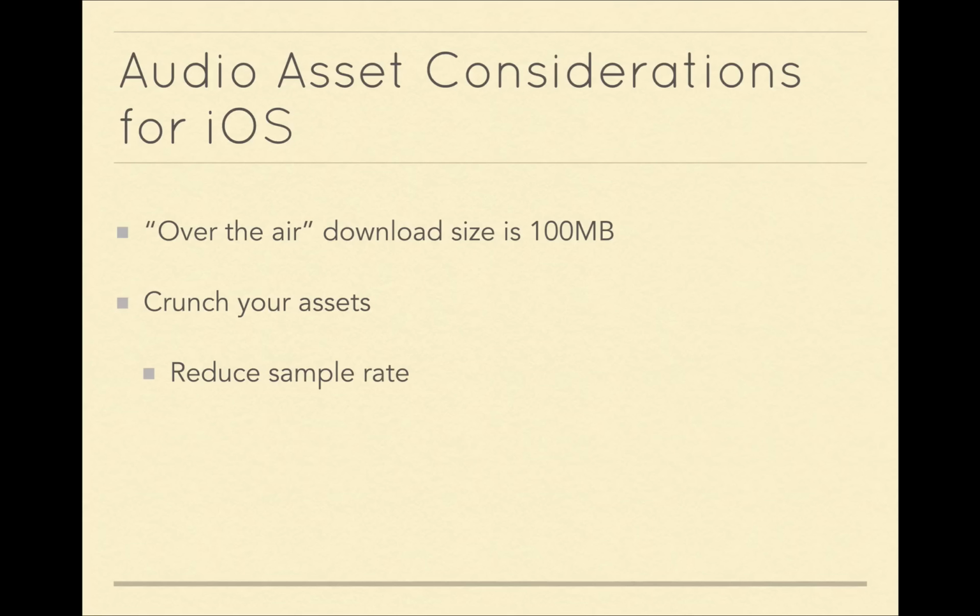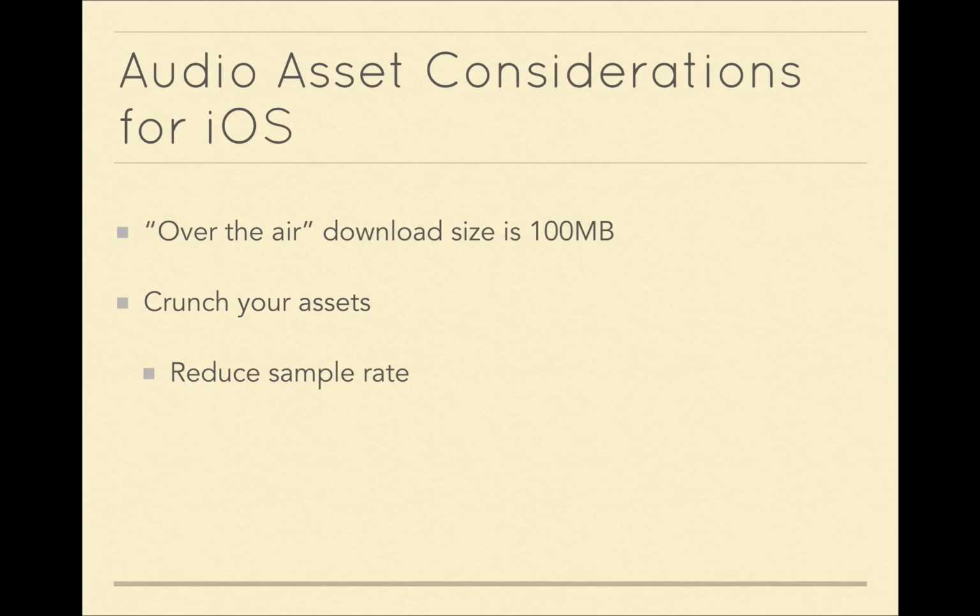Now, sample rate is the number of samples per second in digital audio. And one sample is just an instantaneous snapshot of an analog audio waveform. And you take all those snapshots and you put them back together, and at higher sample rates, you more faithfully render back that analog audio waveform.